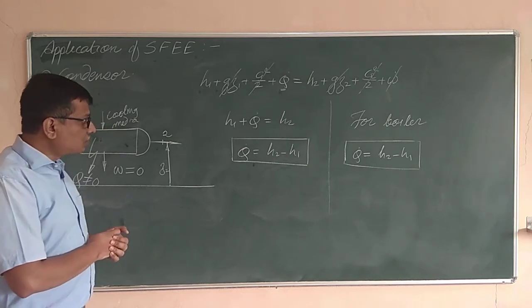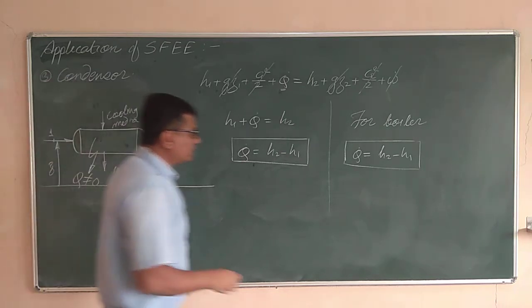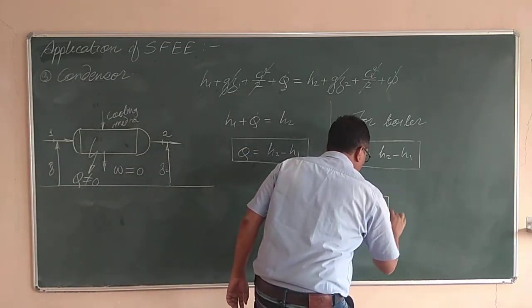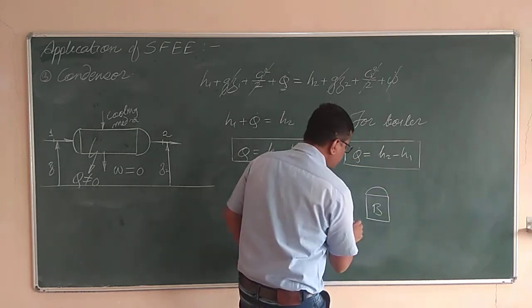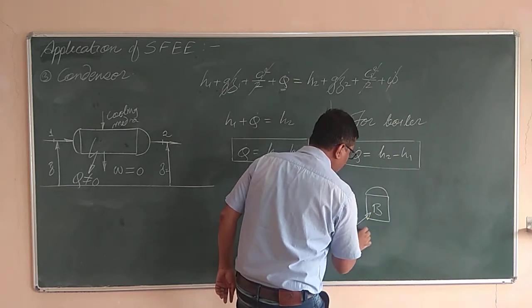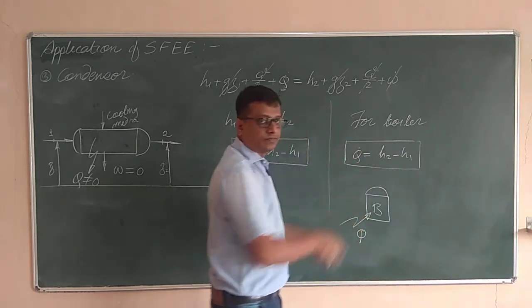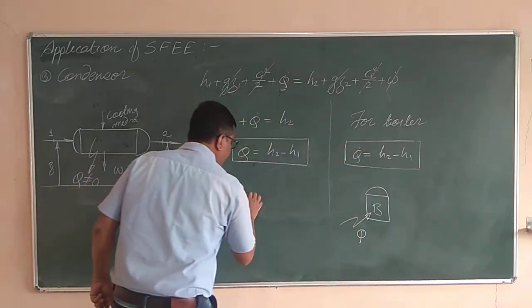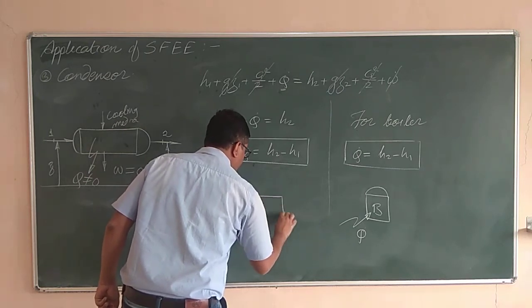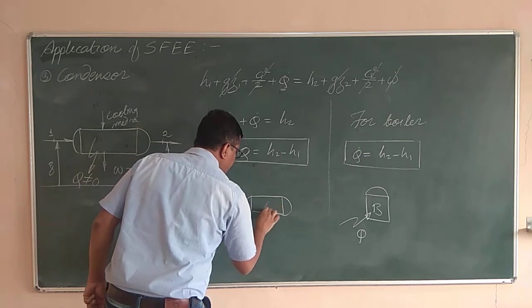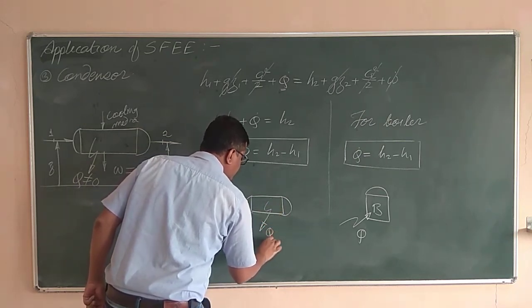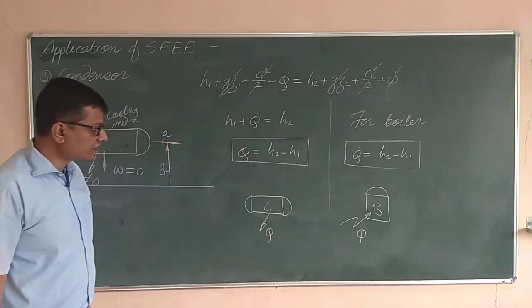But it is not so. In case of the boiler, the heat is given to the boiler, that is Q, the heat is flowing into the system. Whereas in case of the condenser, heat is rejected by the condenser to the surroundings.